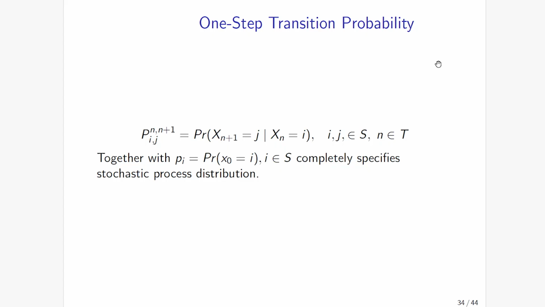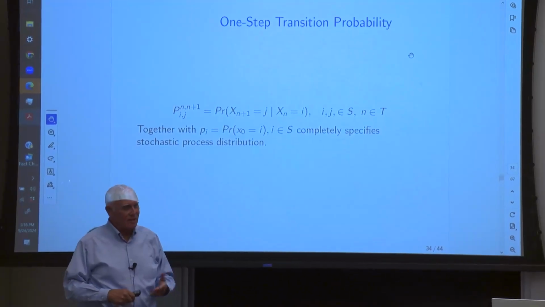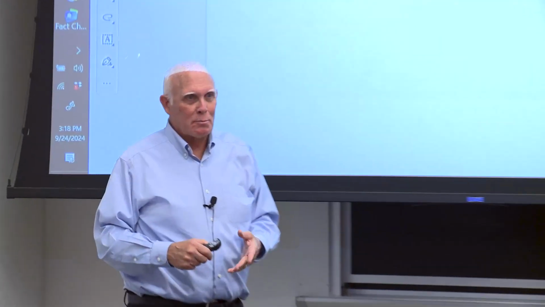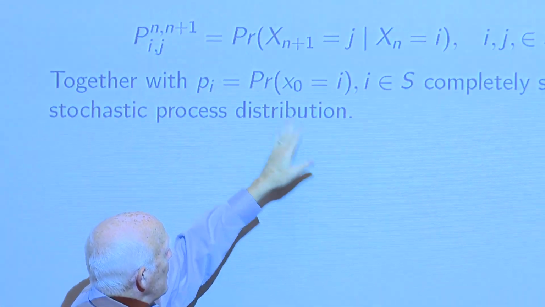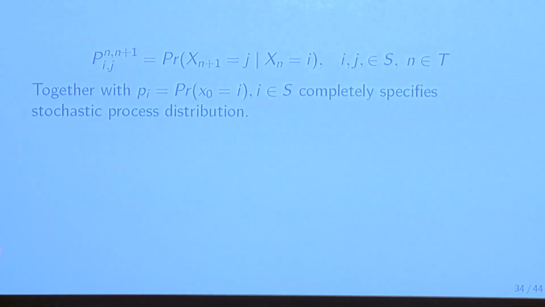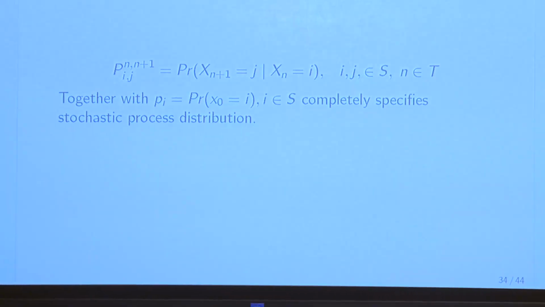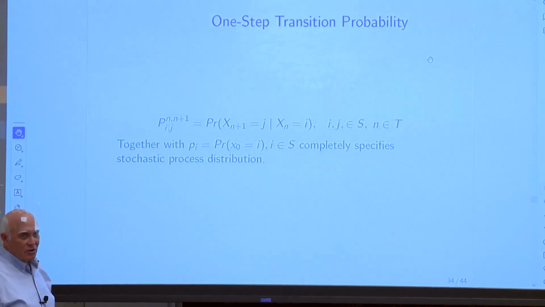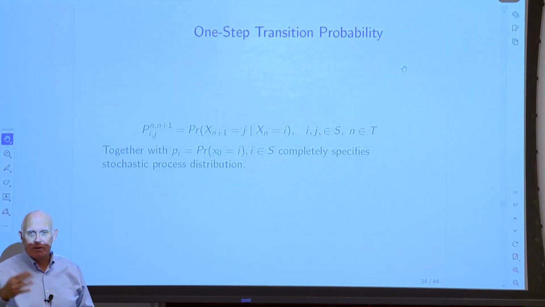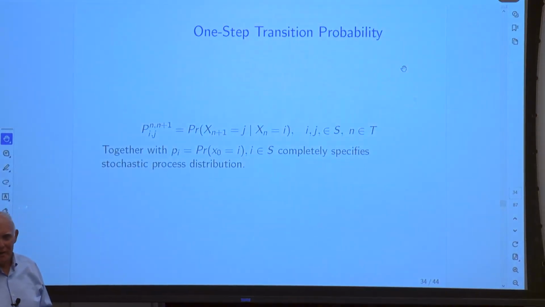Now, this issue of completely specifying a stochastic process is an important one, in that what we want with a stochastic process is to have a complete probability model of that process. If we have an initial state X_0 and the probabilities over all states i in S, that characterizes the probability model for the state 0 value.